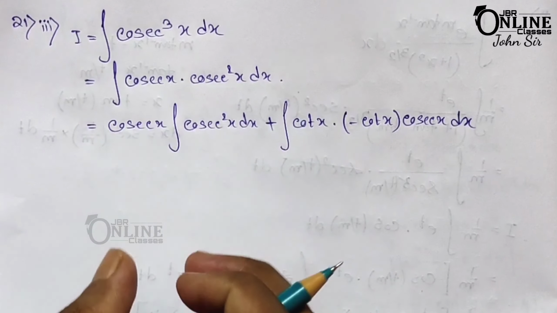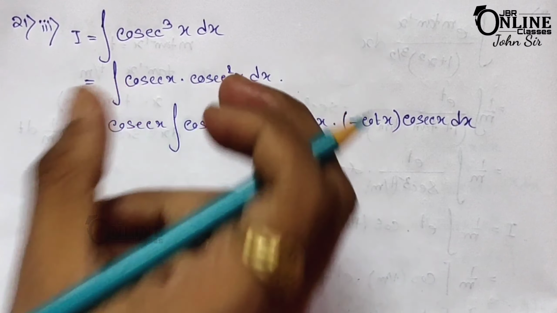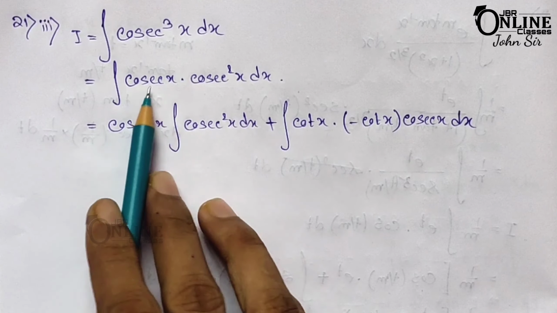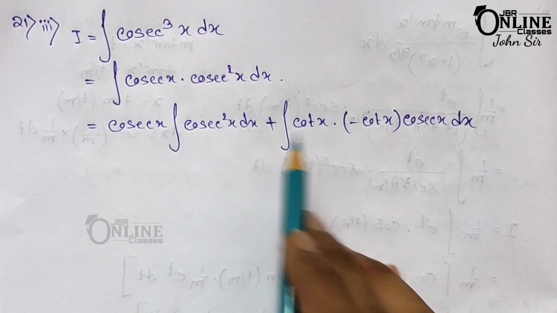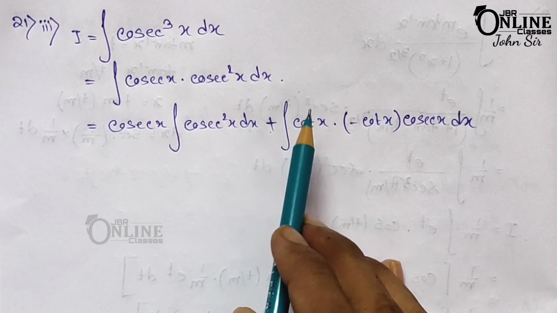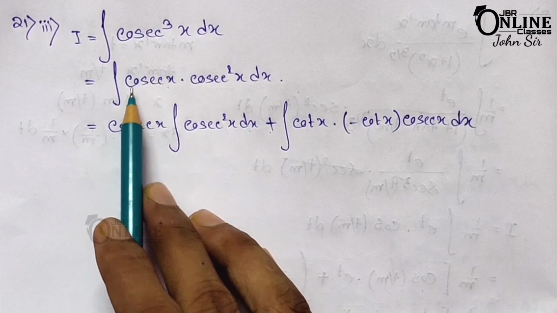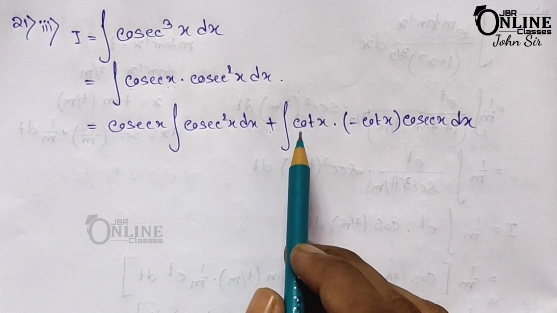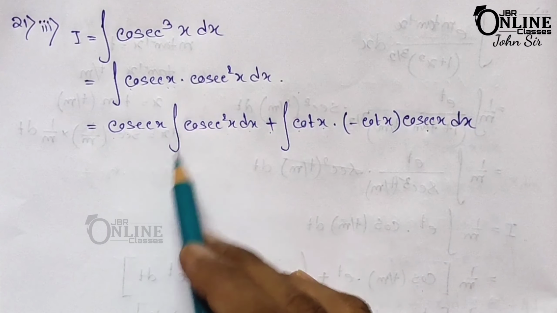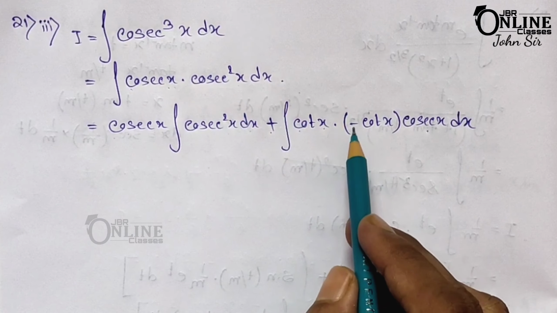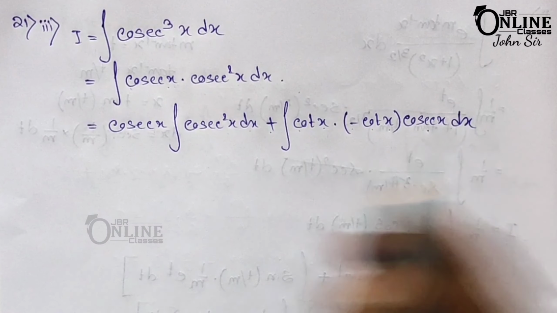So now here you can apply the by parts formula. So first one write down cosec x integration cosec square x dx, then plus, then first derivative of cosec x. So derivative of cosec x will be minus cot x cosec x, okay, and then integration cosec square x that equals minus cot x, so dx.